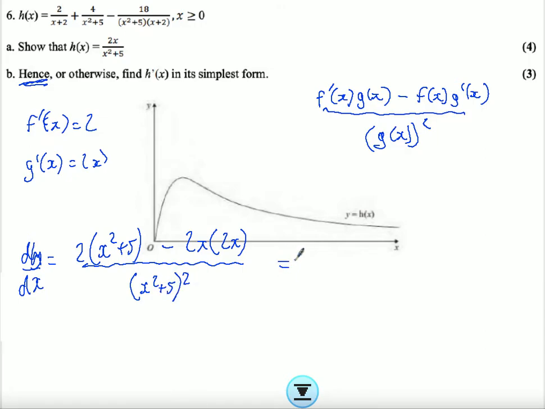Okay, so let's tidy this up a little bit, shall we? So let's expand it and simplify. So we're going to get 2x squared subtract a 4x squared. So we're negative 2x squared. And we're going to get add 10. And I'm happy leaving it like this. Okay, that does the job for us. Lovely. Another 3 marks using the formula booklet.